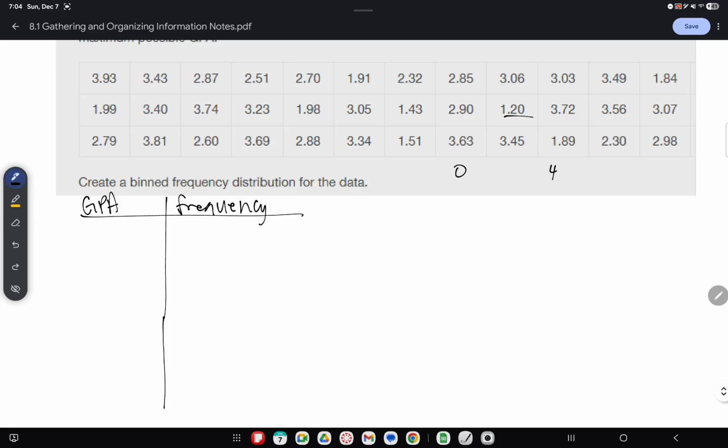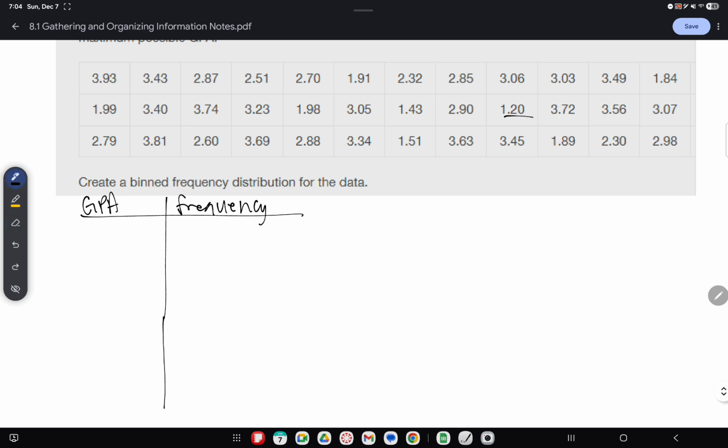We want the bins to be of equal length or width. And because these are in decimals, I don't want to go 0 to 1, 1 to 2, etc. I probably want to go in smaller chunks.